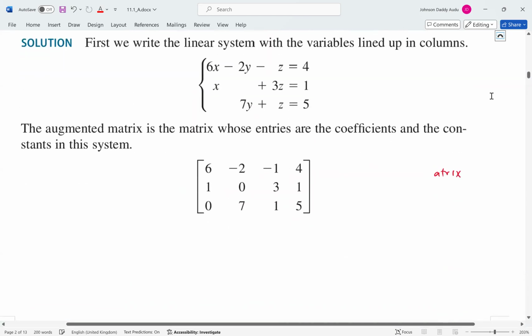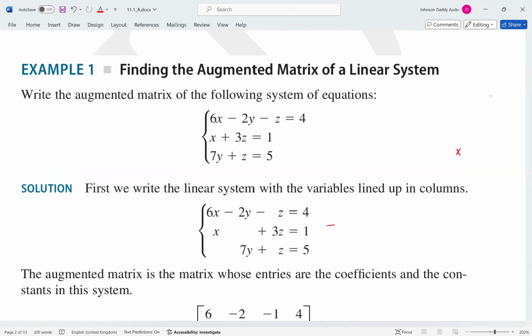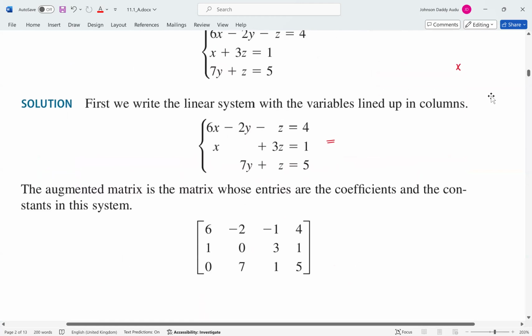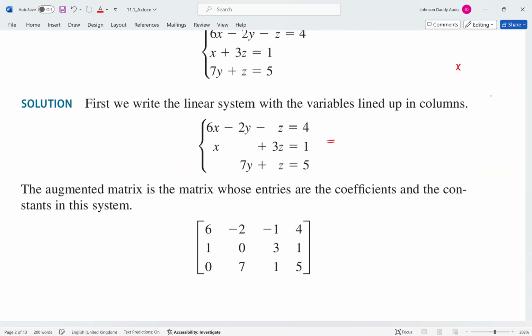So how do we form the coefficient matrix? The coefficient matrix is just the coefficients here. For example, the coefficient of x in equation 1 is 6. The coefficient of x in equation 2 is 1. But the coefficient of x in equation 3 is 0, because you can write this as 0x.